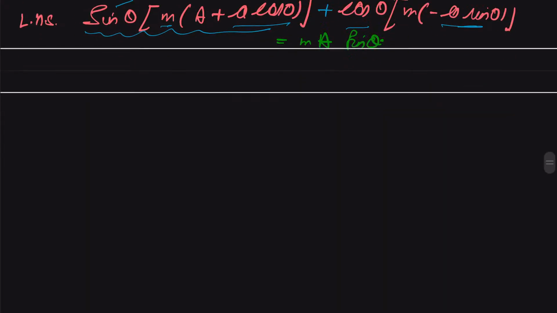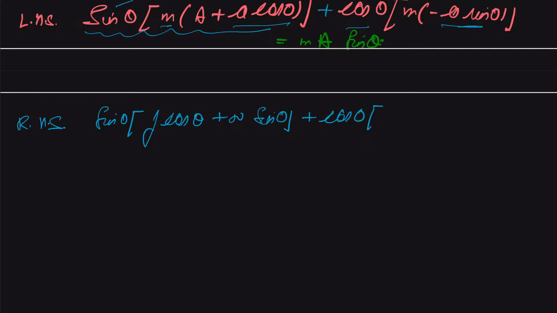Therefore our left hand side, we will be left with only our m a sine of theta. And similarly we solve for our right hand side, and our right hand side is our sine of theta and f cos of theta plus n sine of theta plus second equation cos of theta, we have minus f sine of theta plus n sine of theta and minus of our mg.